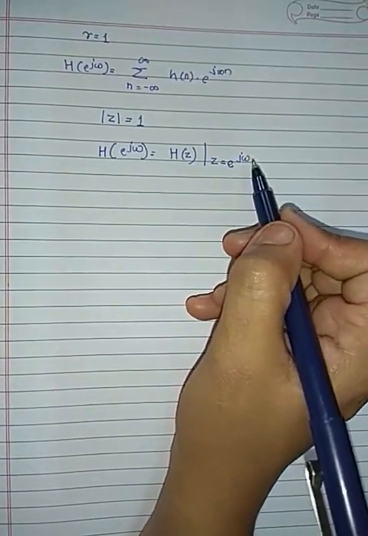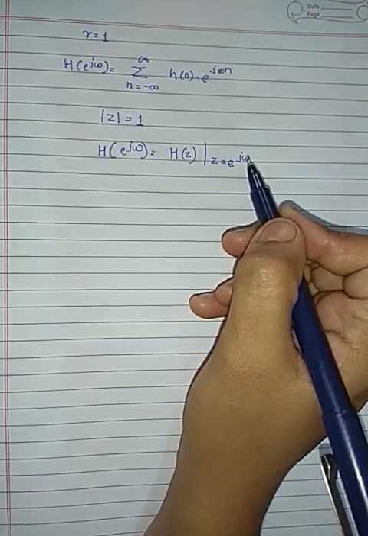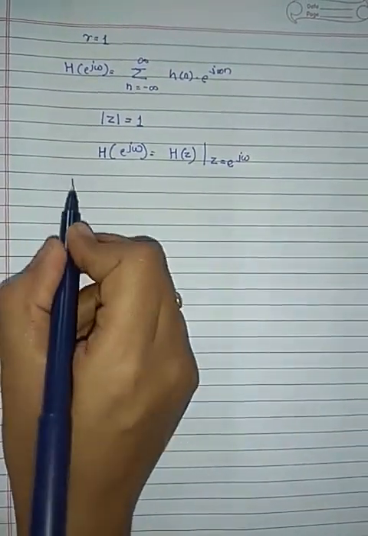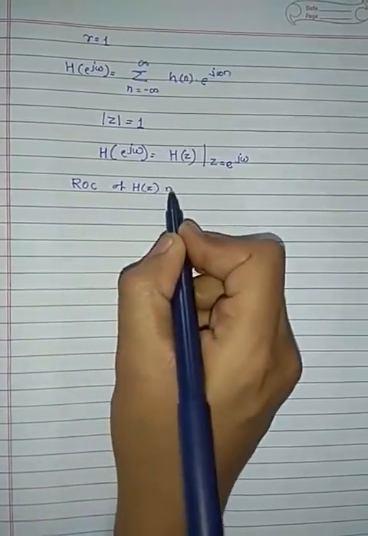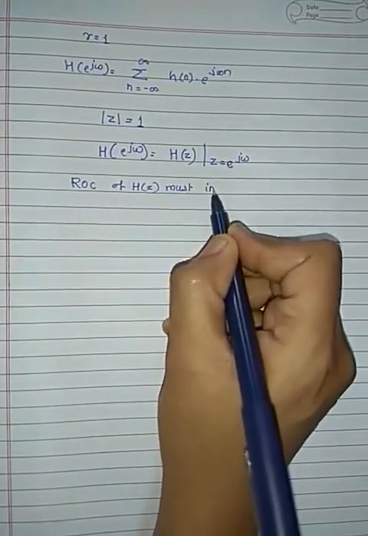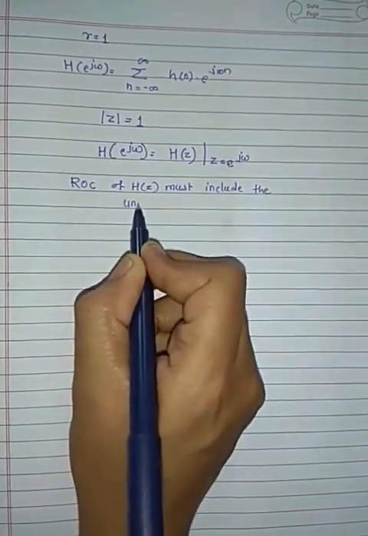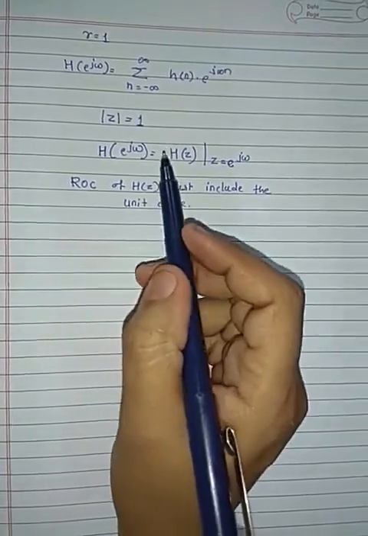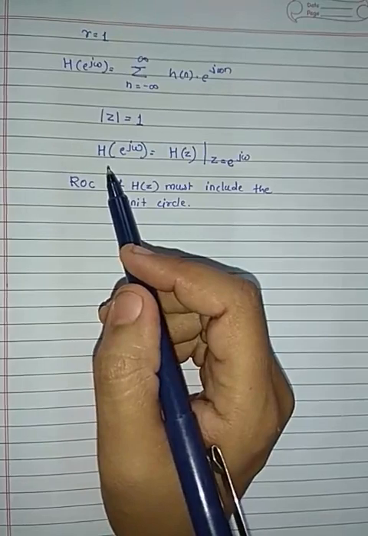For H of e raised to j omega to exist, the ROC of H of z must include the unit circle. This is the condition. So this is the relation between the z transform and the Fourier transform.